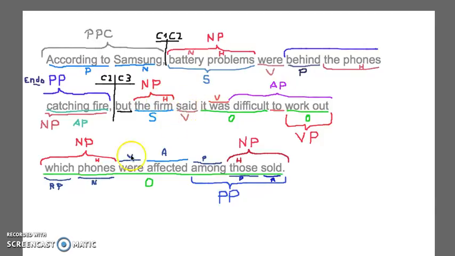Verb, it is a subject, was a verb, difficult is an adjective, preposition to, the verb work, the preposition out.